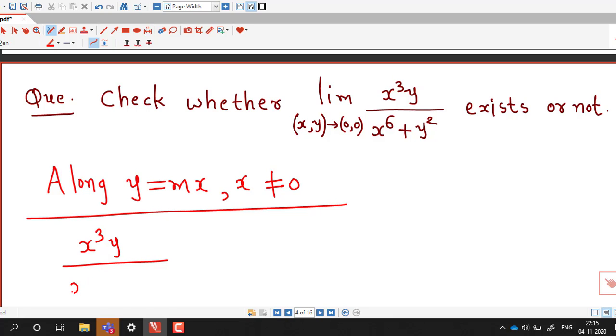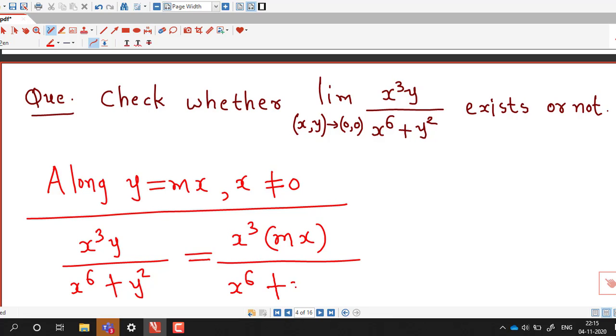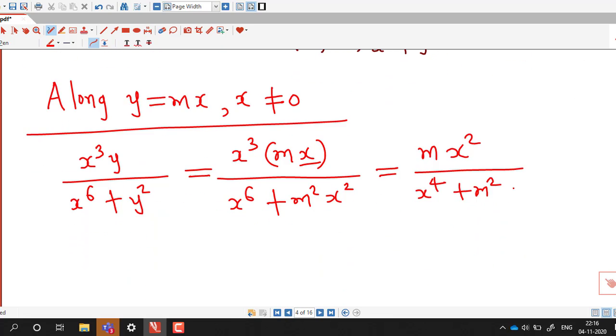First we check what is our function along this path. So x cube times m into x over x raised to 6 plus m square x square. So x square will cancel out and we will have x here, there is x here. M into x square will cancel out, so here we have x raised to 4 plus m square, and because x is non-zero we can cancel out.